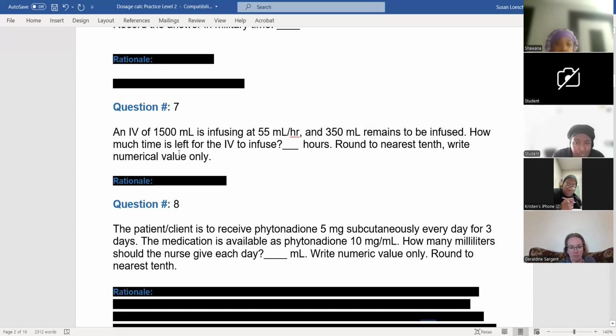So always make sure that whatever you started with is what you have now. Because if it's not, then you have to go with what you have now. And right now you have 350 mLs. It's asking you how much time is left for it to infuse. Okay? It's running at 55 an hour. So it's just simple math here.